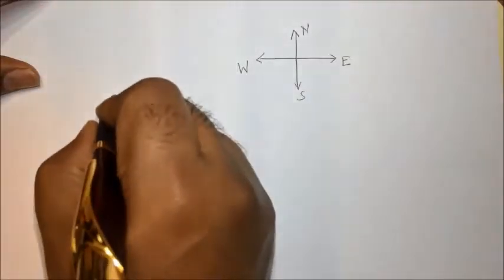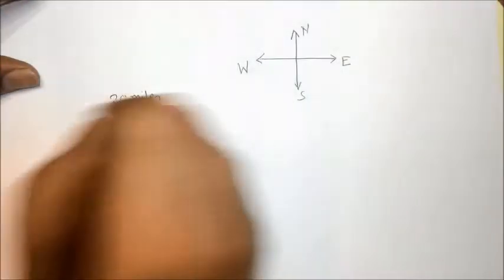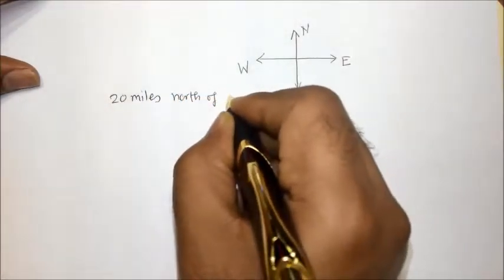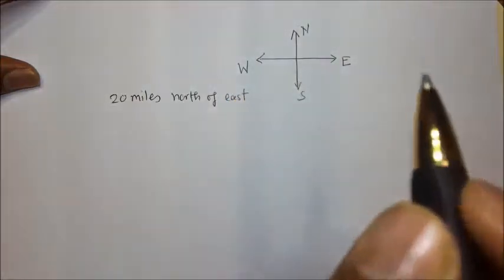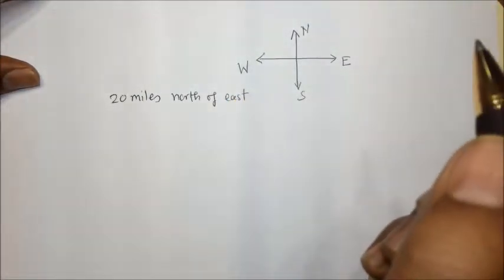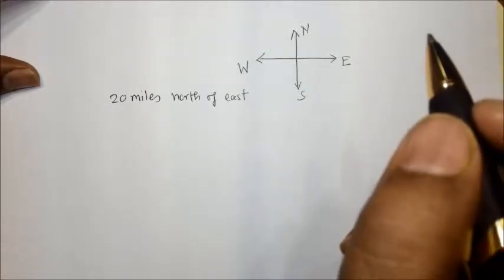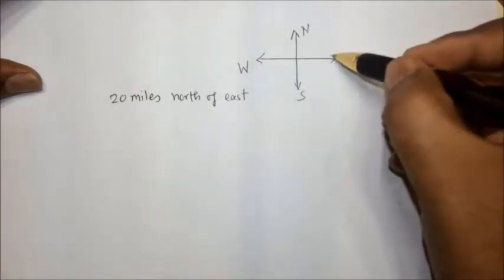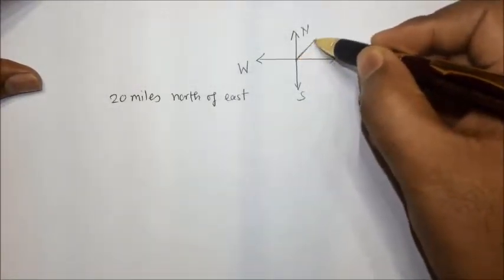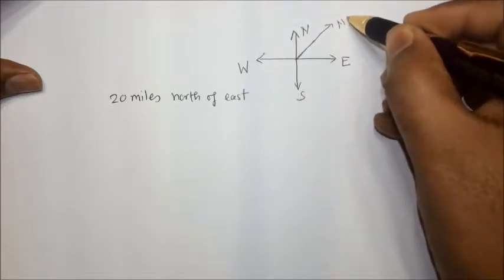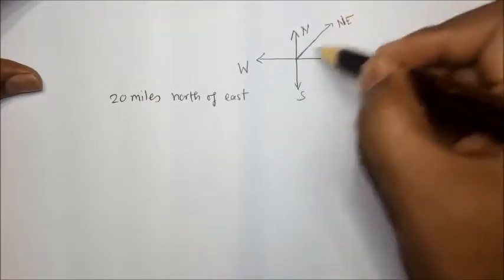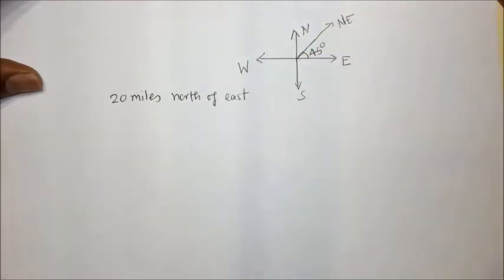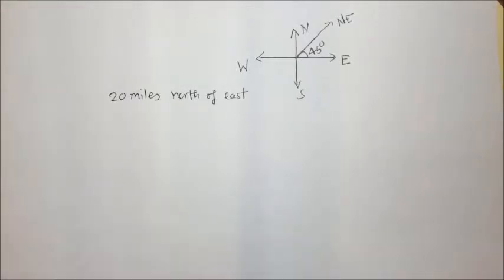If someone is going 20 miles north of east, so north of east will be, this is east, this is going to be north of east, this would be midway, 45 degrees. So you can make a vector at a 45 degree angle.